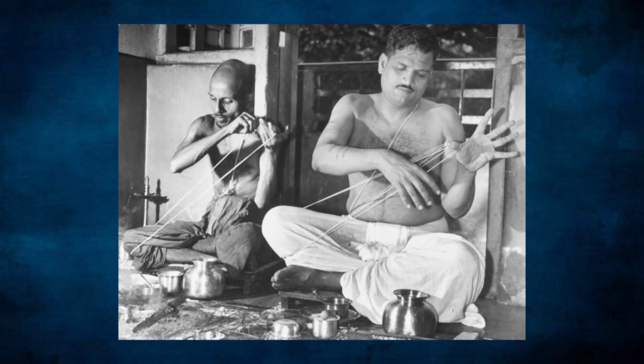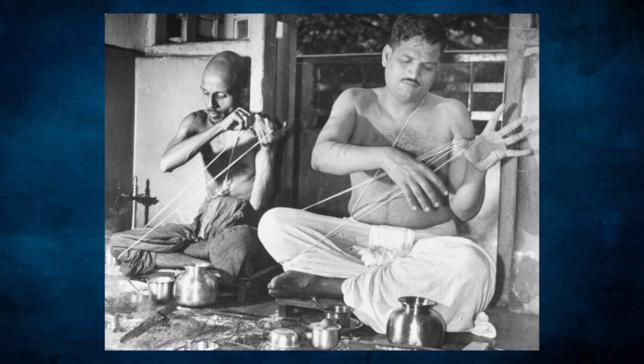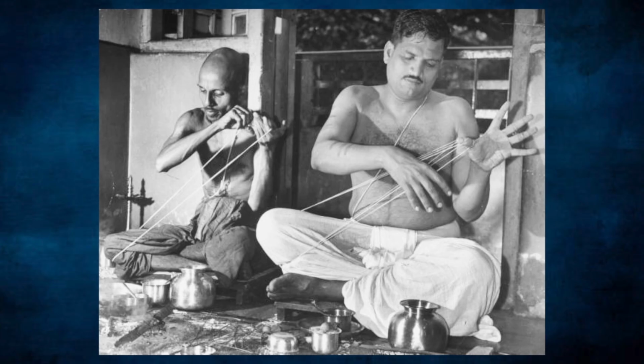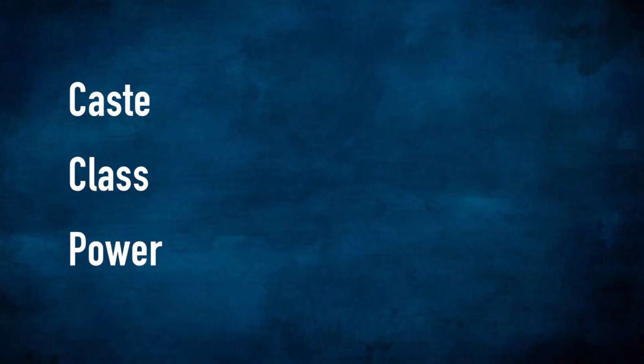Thus, historically, it is said that caste includes the attributes of a class also, that is, power and economic status. Now caste, class and power are not differentiated in any scheme of stratification in rural India. Caste, class and power are three inseparable dimensions of stratification. There is a close link between caste, class and power.